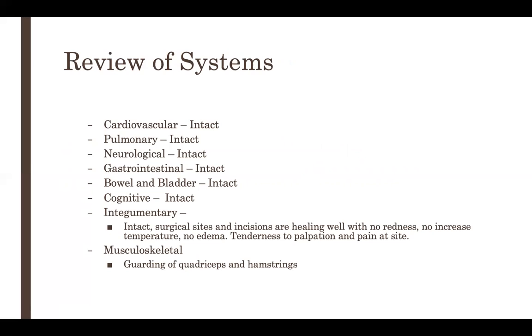Following the surgery, the integumentary and musculoskeletal systems were somewhat intact, but the integumentary system showed that she had a bit of swelling and a little bit of redness, but not substantially to the point where we were worried, and no marked increase in temperature and no edema, and some tenderness to palpation and pain at the surgical site. She did present with guarding of her quads and hamstrings.